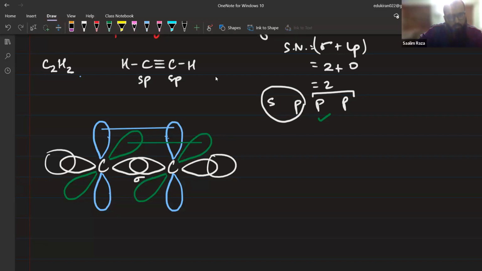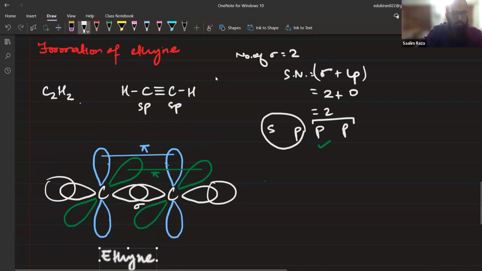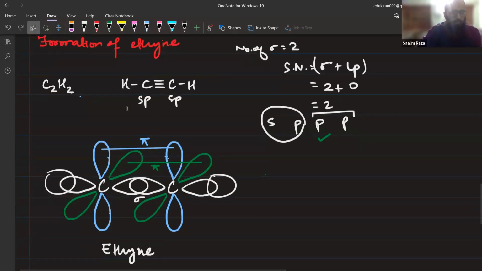These are the interaction of the green p orbitals which is making another pi bond. So one pi bond is this, and the other pi bond is from the blue one here. This is the structure of the ethyne molecule. Both these carbon atoms are sp hybridized. Please write this down.